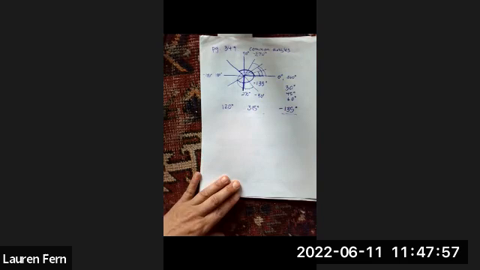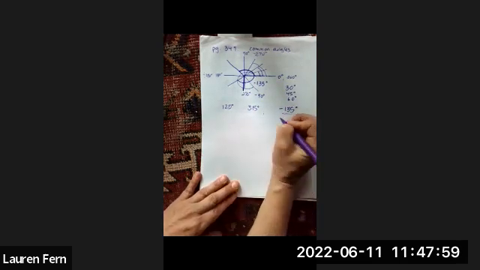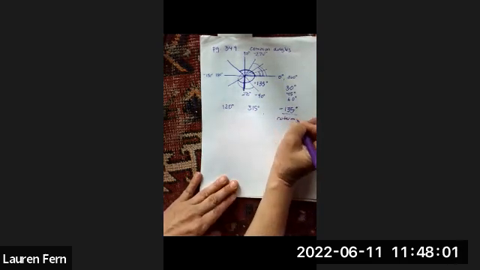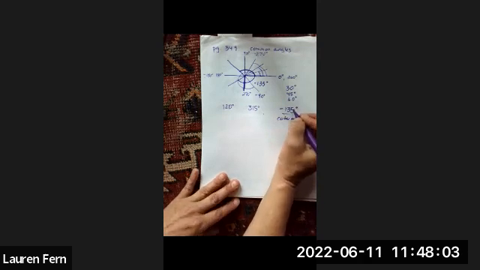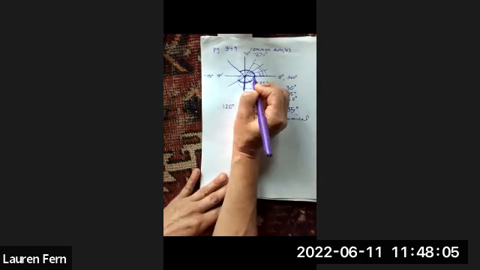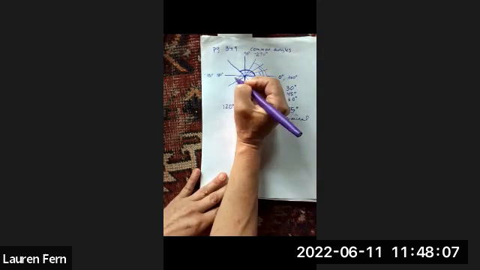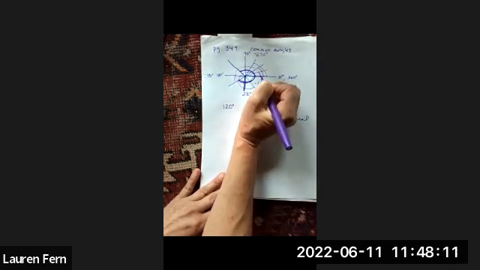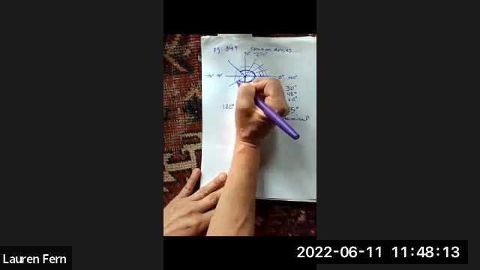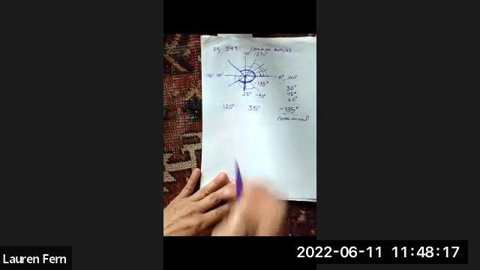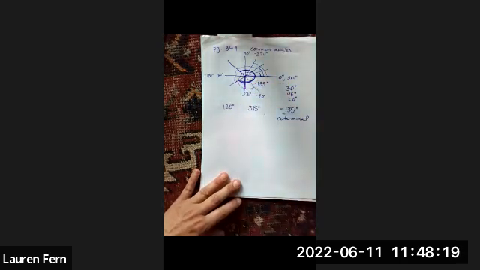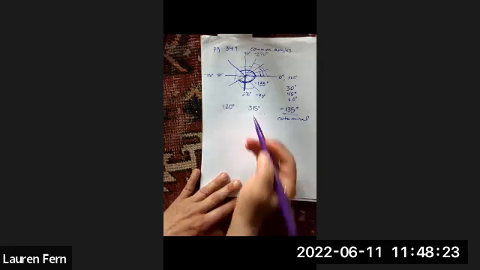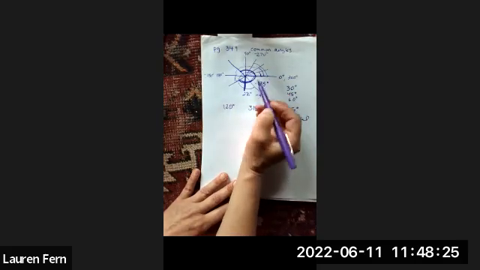Now, if we wanted to know what angle is coterminal with negative 135, well, we want to find this portion right here. Notice it has the same initial side and same terminal side. We're just going counterclockwise as opposed to clockwise. So what I would do is just take 360 minus 135 because the whole thing is 360.